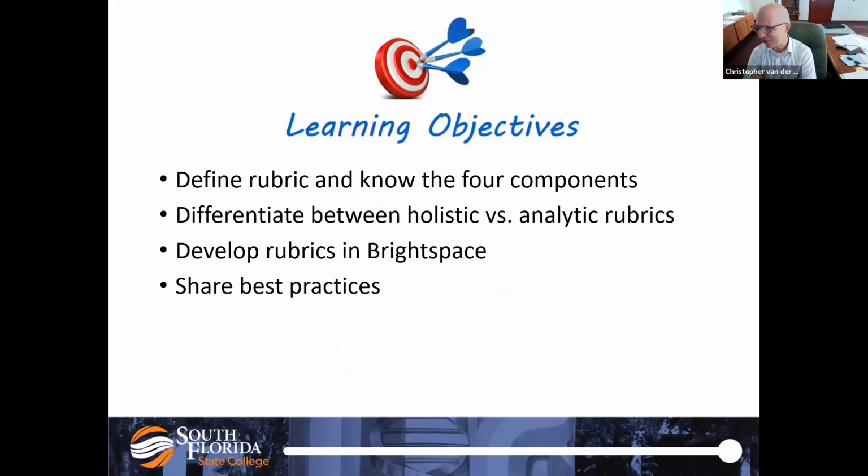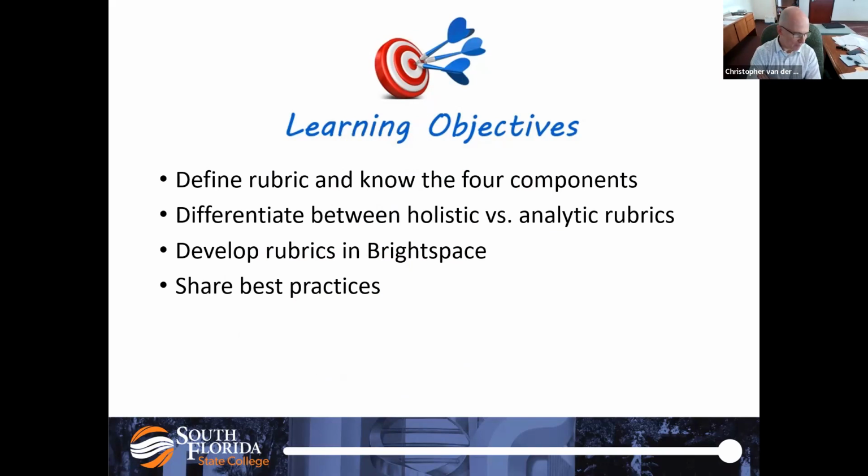I have my learning objectives for what we're going to learn today. You should be able to define a rubric and know the four components of the analytic rubric. We're going to spend more time talking about the analytic rubric today.